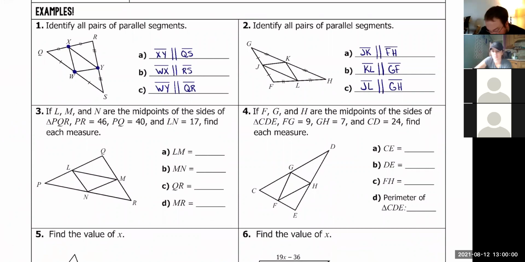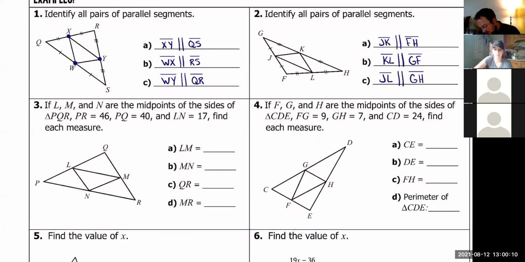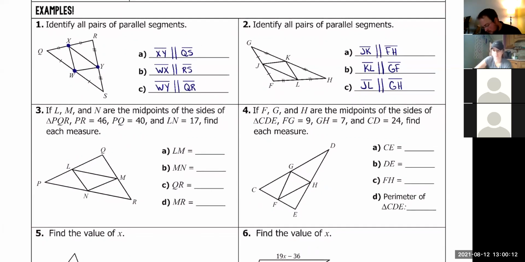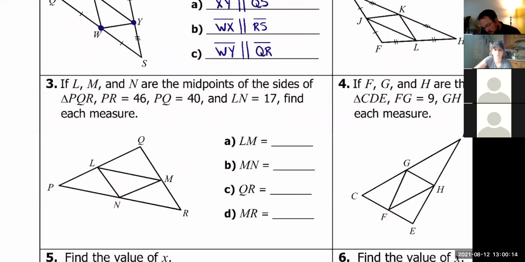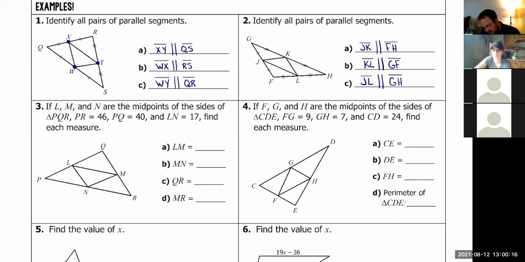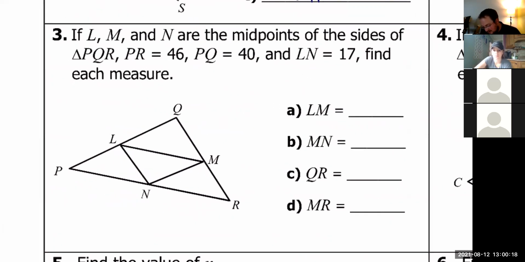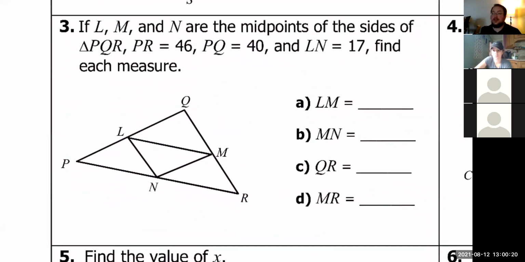So next up, working through now including measurements. So we talked about the parallel relationship between mid segments and the third side. Now let's take a look at values. So I'm going to do one of these. The other one's going to be pretty similar in terms of setup. So I'll give you the answers for the second one if you want to look for it.